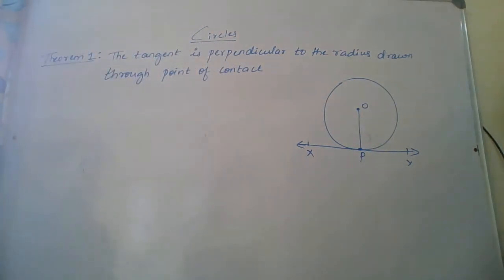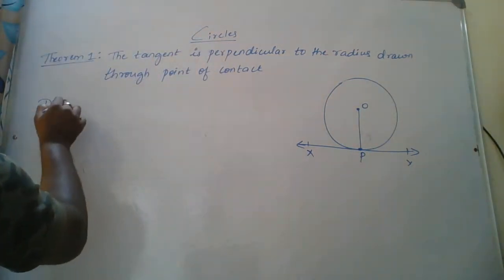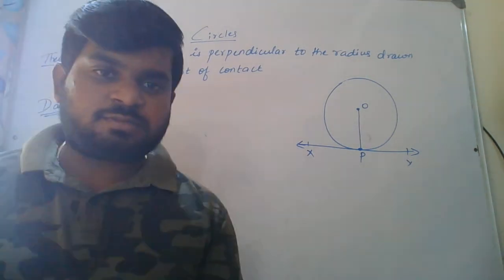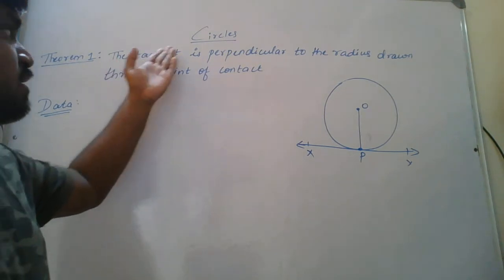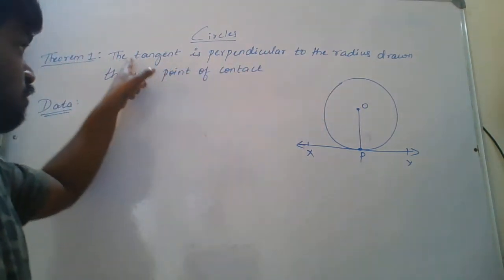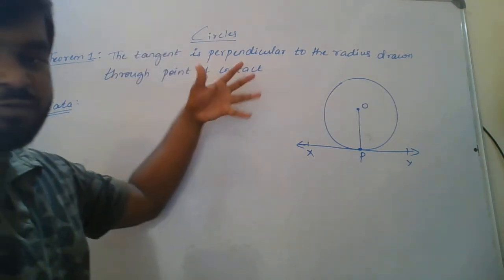Okay. Now, what is the data? We always start with the data, right? The data is what they have given us. They have given that the tangent is perpendicular to the radius is the result. So this is given. Tangent is given for what? Circle.